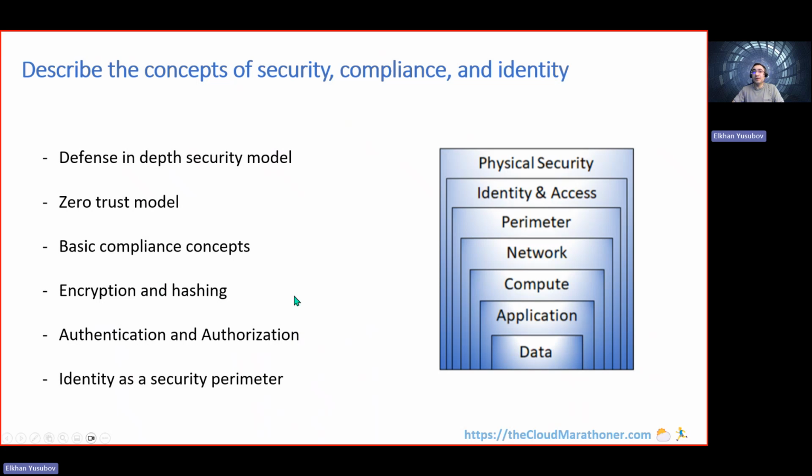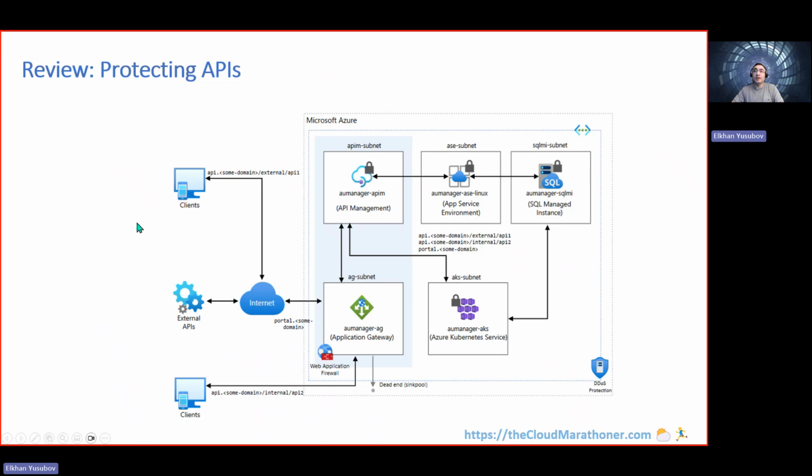Now, before jumping to another domain group, let's review a diagram where we are going to look into how to protect APIs. In this diagram that you see on the screen, we have a virtual network, which is basically a layer of protection. We have a DDoS protection service, which we are going to talk a bit more about in our upcoming slides. But this is the generally available service, and there are different layers that you can enable.